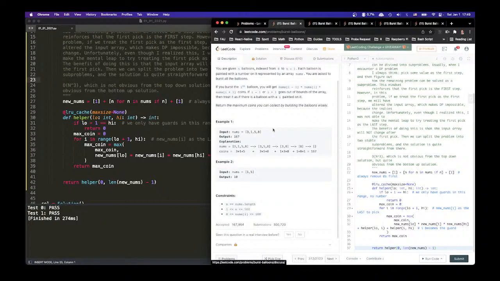What we want to find out is 0 to 5. Now to find out 0 to 5, we're going to go 1. So to find out 1, we have 0, 1.